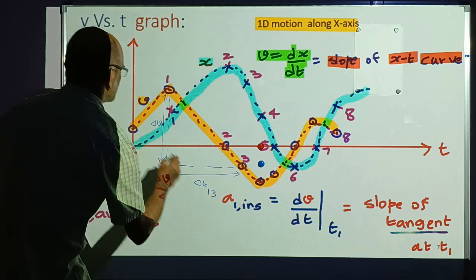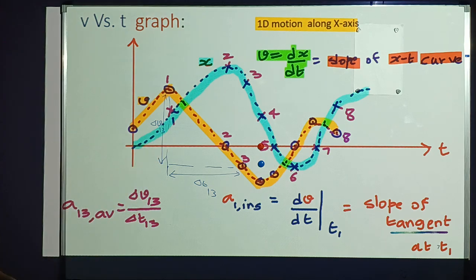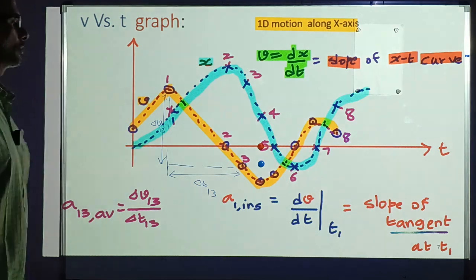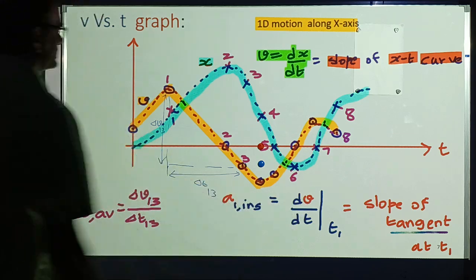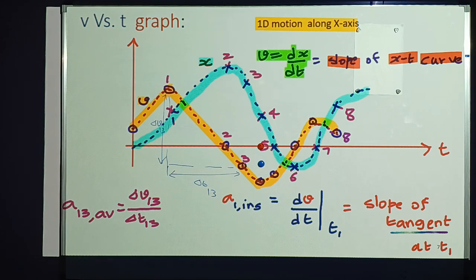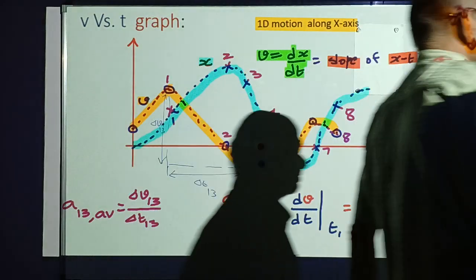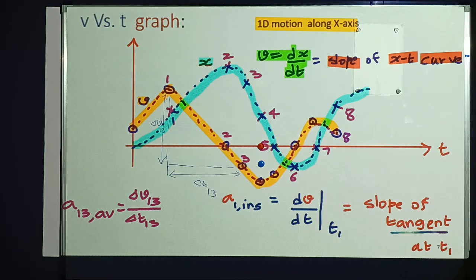This is for the interval 1, 3. So the average acceleration over the time interval will be negative because delta v is negative, because velocity is dropping. Delta t is always positive because we are going from left to right. So once the v-t curve is known, acceleration is known.